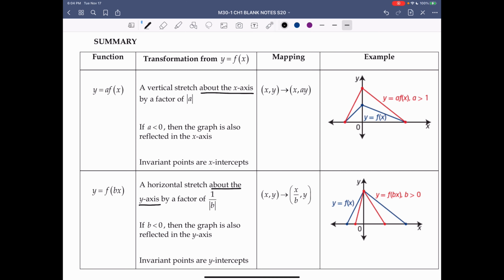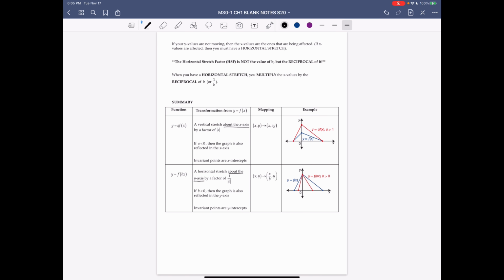You have to make sure you include that part when you are describing a stretch. When you have a horizontal stretch, you multiply the x values by the reciprocal of b, which is 1 over b. That is very important. Make sure you know this.